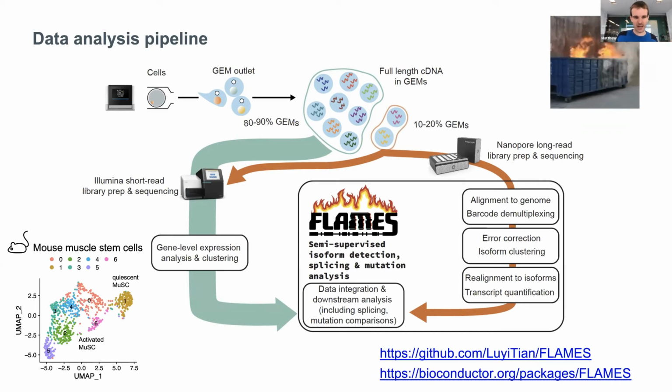And then those cluster labels can be overlaid on top of our long read data. And then we can use that long read data, obviously, because we have isoform level counts, to look for changes in splicing, potentially look for mutations that might be present in different transcripts, and see what we can learn from that. So if anyone's interested in that approach, there's software available from GitHub and also from the Bioconductor project.